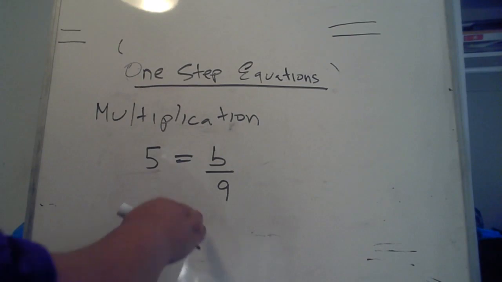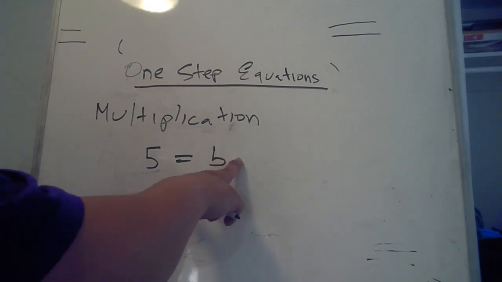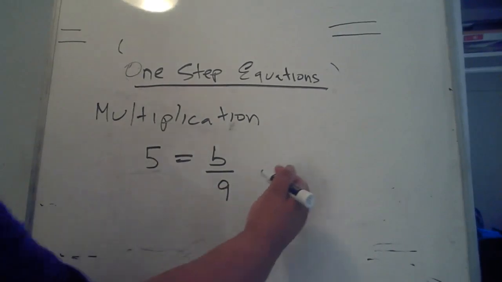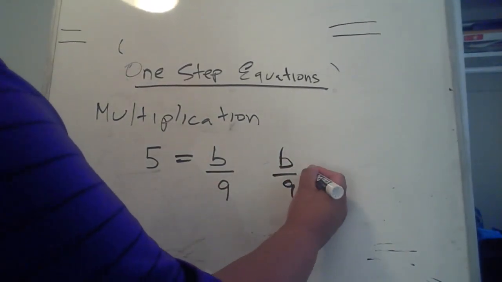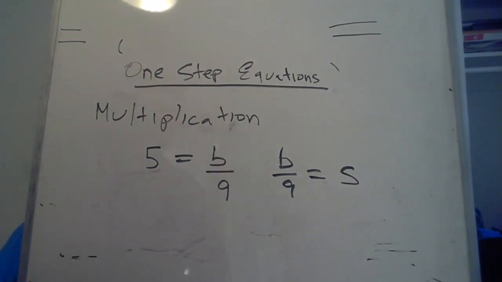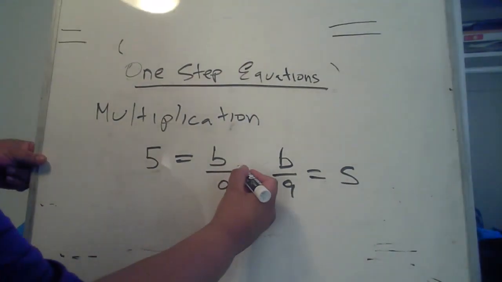Because this is an equation, you usually tend to see the variable on the left side, but it doesn't matter. We can look at this problem a different way: v over 9 equals 5, and it's the same type of problem. What we do is this: we see that this is dividing by 9, so we do the opposite, which is multiplication.